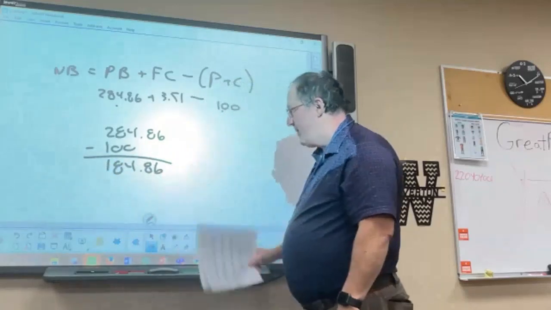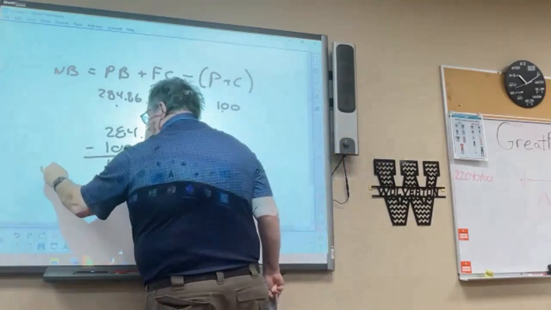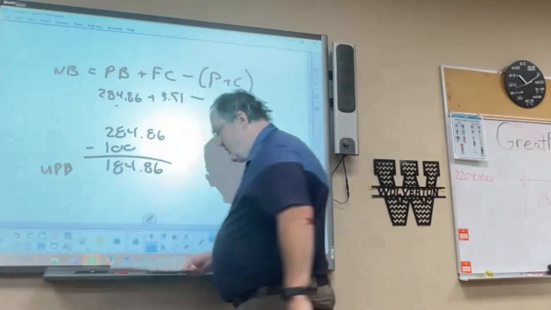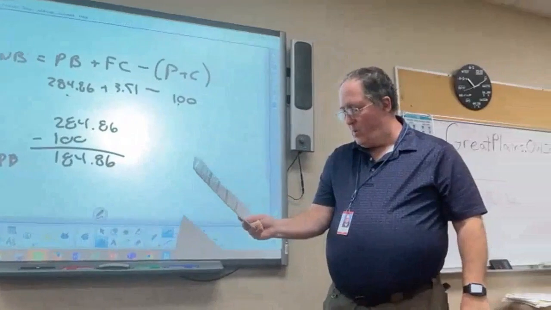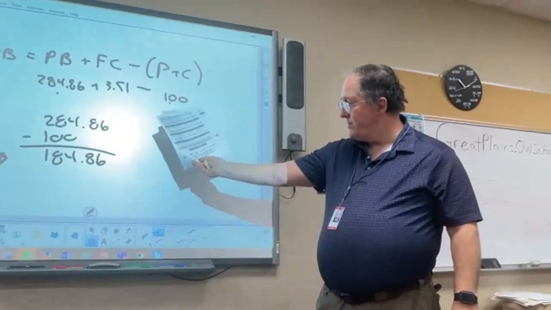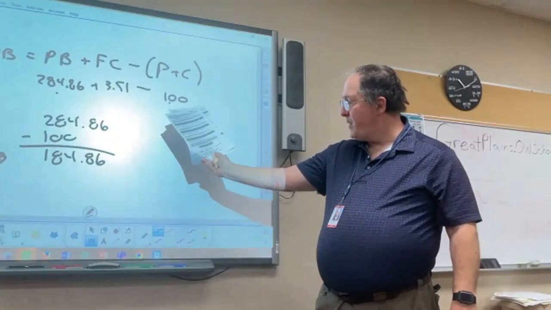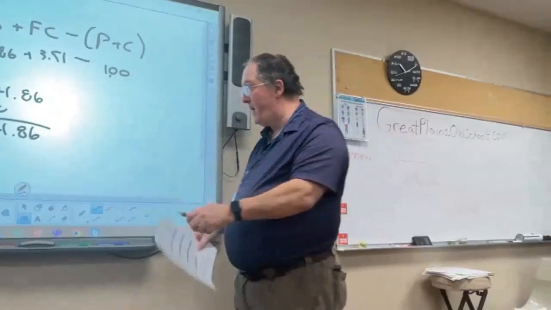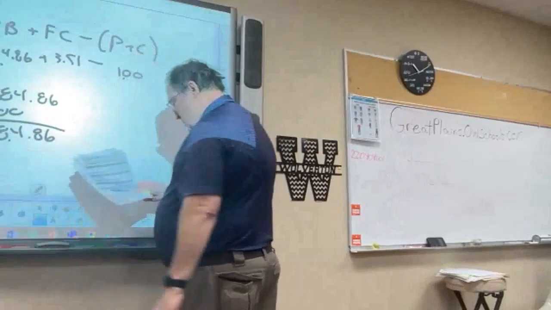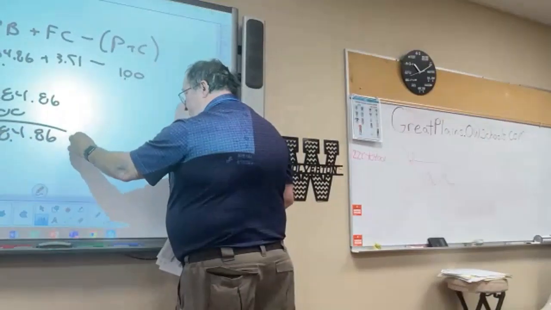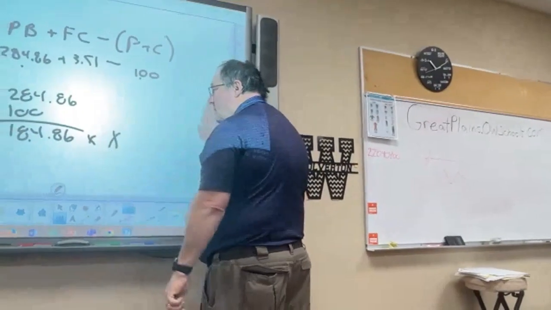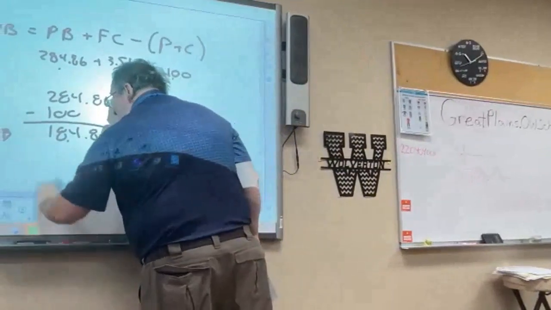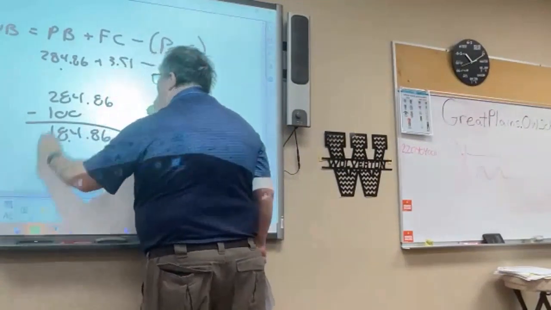Okay, that's his unpaid balance. You're wanting the finance charge. You want the periodic rate is what they're asking for. And to do that, you take the unpaid balance times periodic rate, which we don't know, and that's going to equal finance charge.